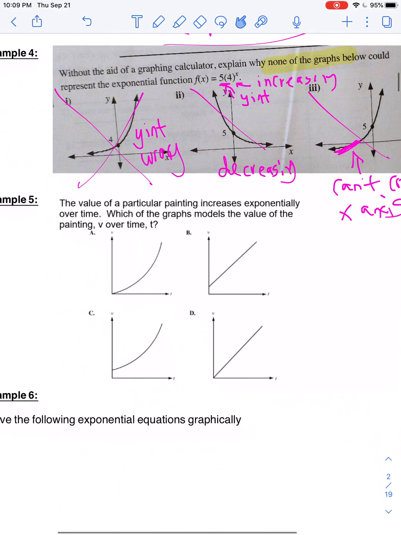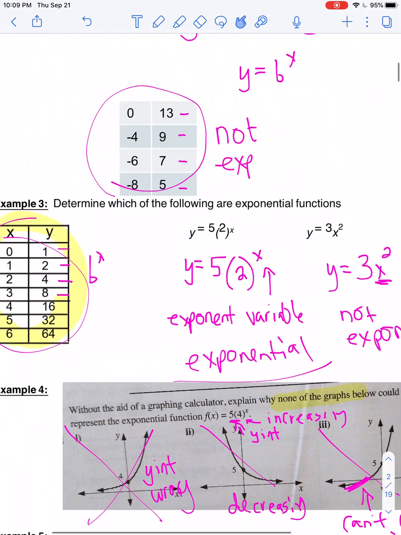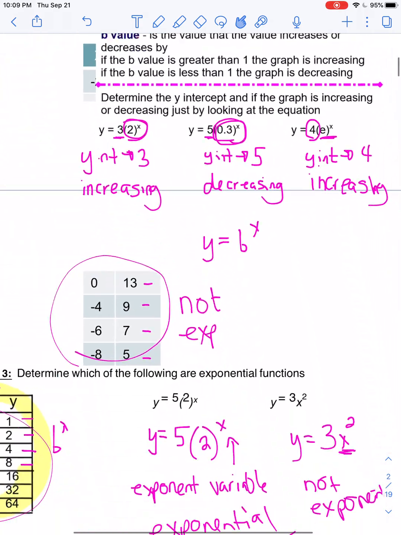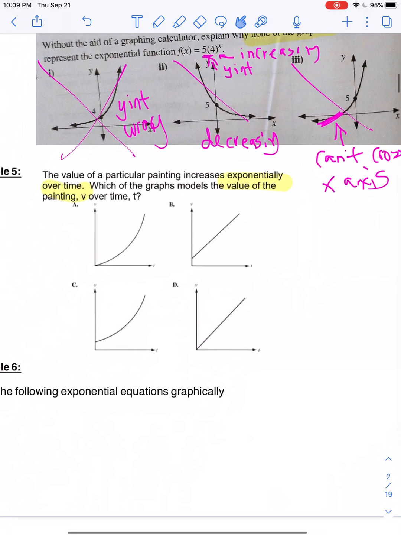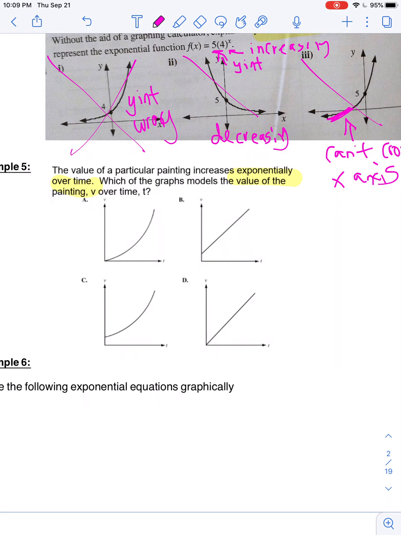All right, so example 5: the value of a painting increases exponentially over time. Which of the models represents the value? When you look at all these exponential graphs we've been working with today, they're a curved line. So right away I know that this can't be right and this can't be right.